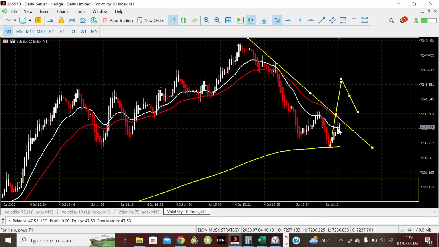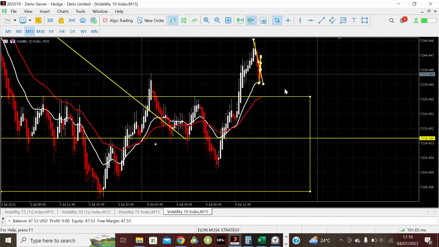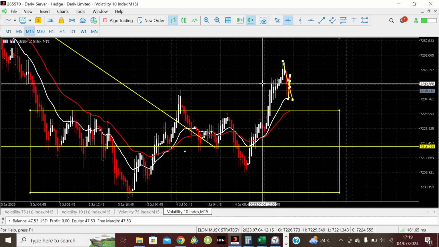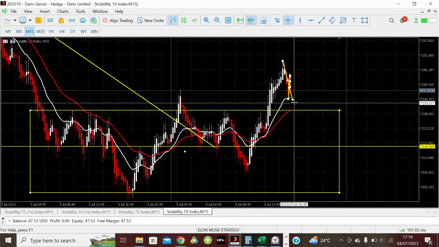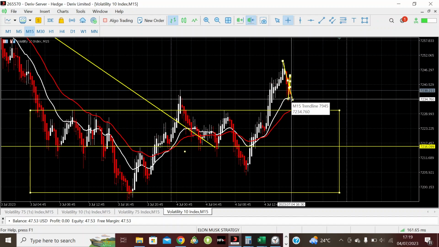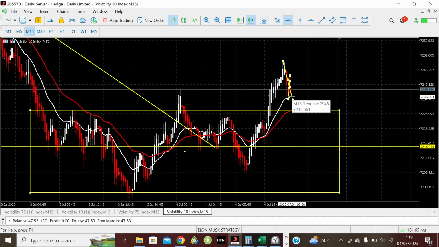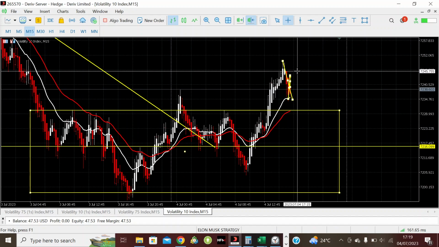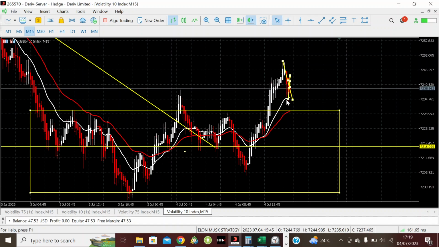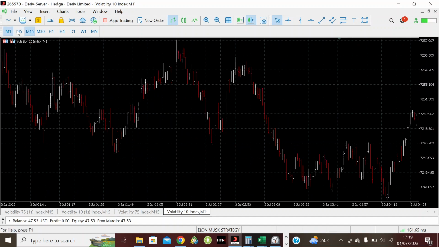That will give me a hint. Then if it's below this place, I won't be looking for buys. I don't want to be buying below this white one. I always want to be selling below it, and I want to be buying above it. That is the reason for that 300-day moving average.